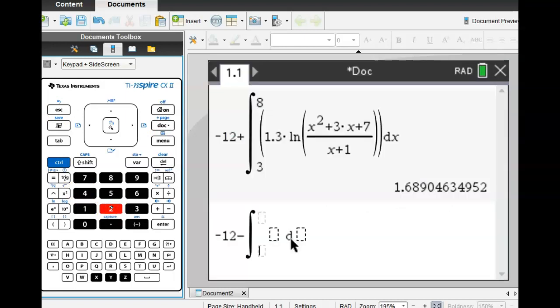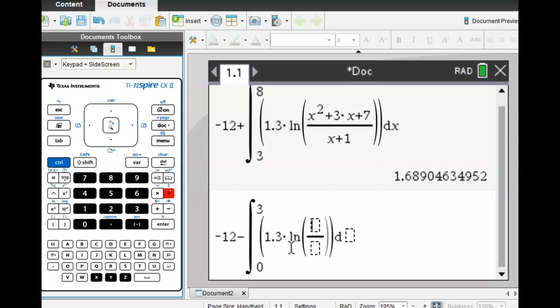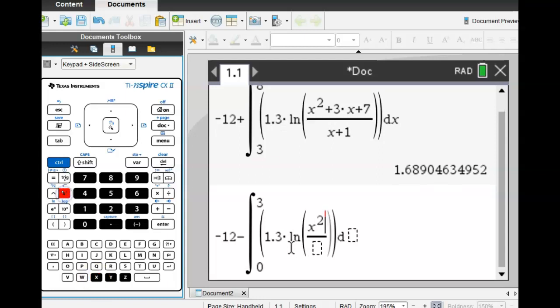Menu. Calculus. Numerical integral. 0 to 3. 1.3 times natural log fraction x squared plus 3x plus 7 over x plus 1.